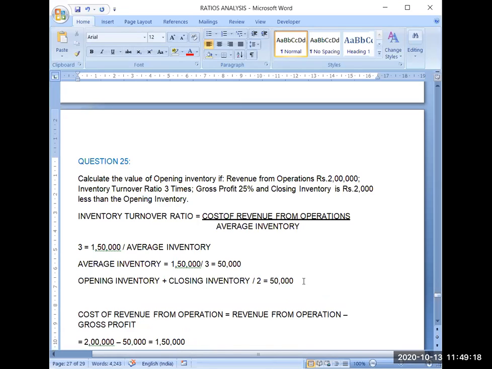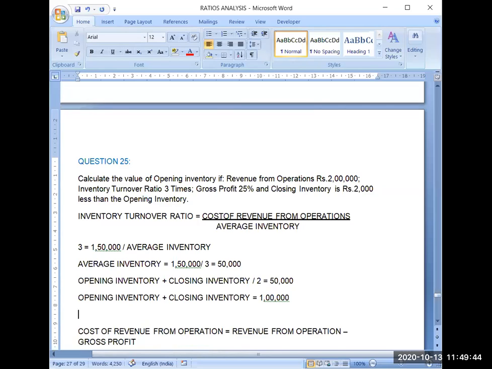This 2 will be cross multiplied with this 50,000 and the equation will become opening inventory plus closing inventory is equal to 1 lakh. So one equation is opening inventory plus closing inventory is equal to 1 lakh. That we have to write with the help of the information given in the question.